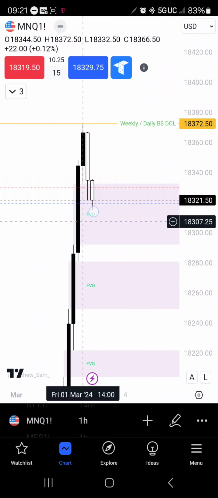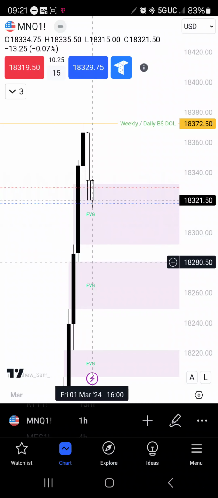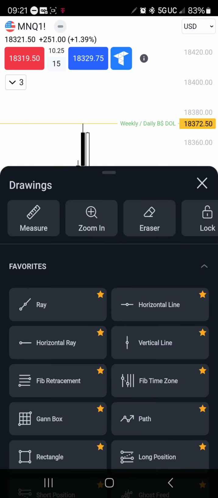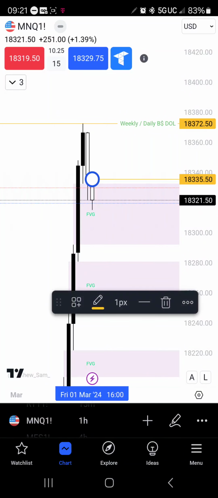So it closed right on it, and I hate it when they do that. But we basically see that this candle swept the previous candle's low and pretty much closed right at it. So for the 1 hour, I would say that this would be my draw on liquidity.